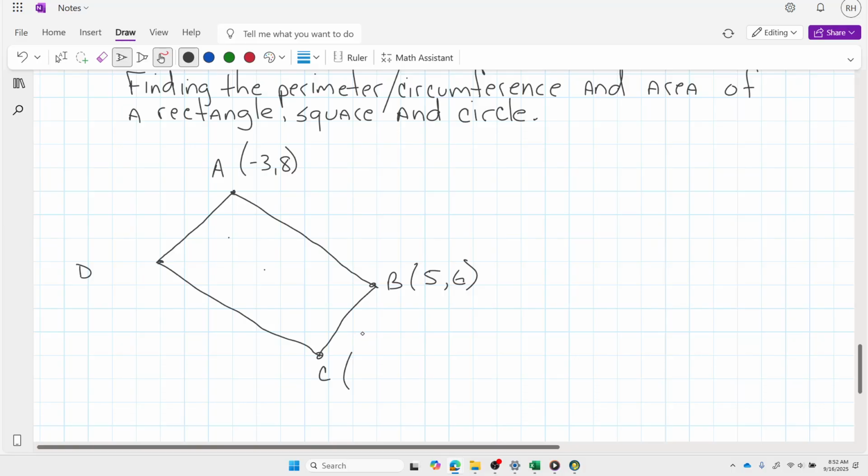Point C, we'll make it at 2, 1. And point D is at -4 and 5.